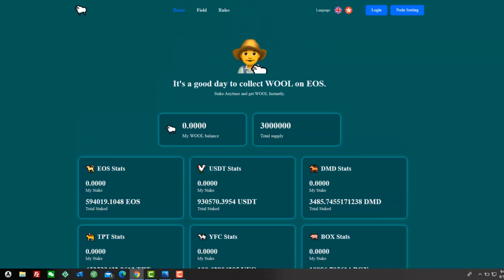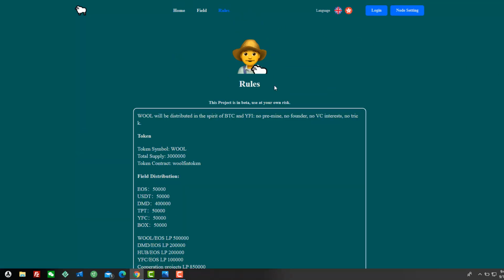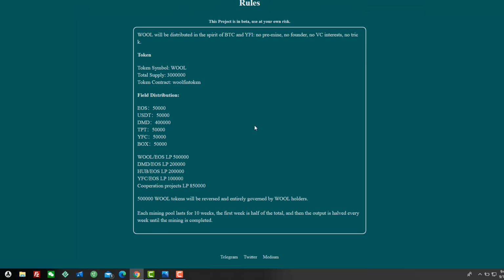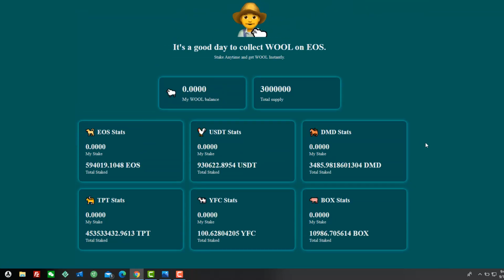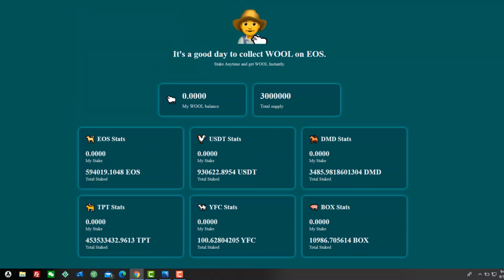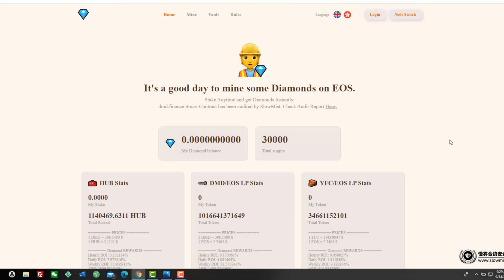So they're starting to pop up. If you look at the rules, there are a lot of Chinese in this one as well. I don't know whether this is a Chinese syndicate just popping out these EOS yield farming projects. Just be very careful, okay, guys?